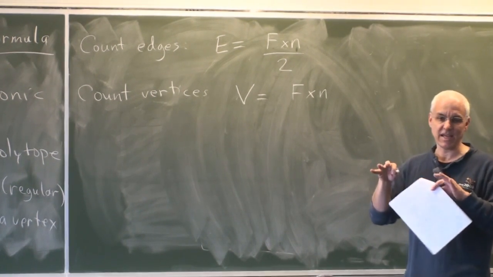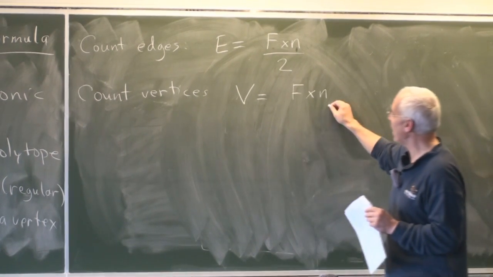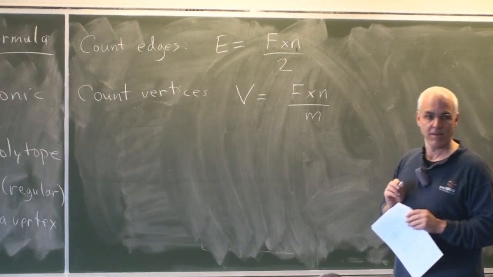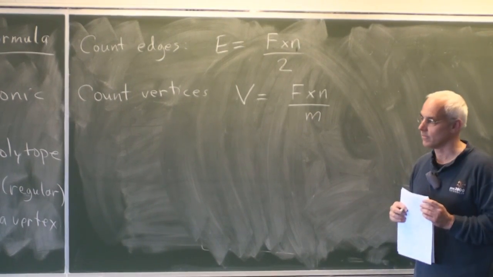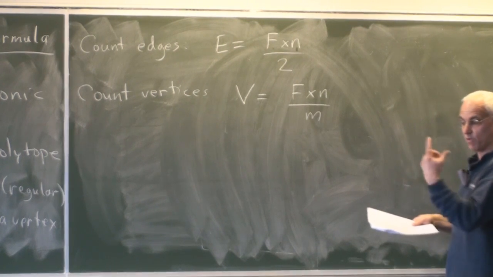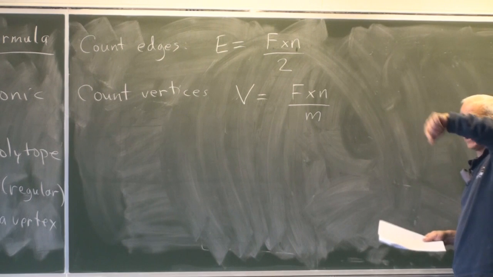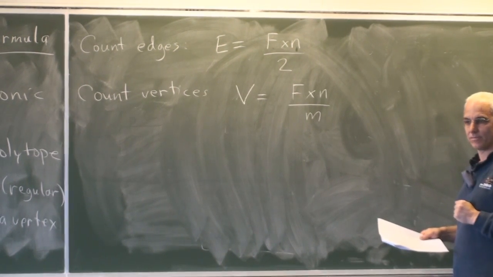Because there are m edges meeting at every vertex, also m faces meeting at every vertex. So we have to divide this by m. Okay, so we're counting the vertices by saying it's the number of faces times n vertices per face. And then we have to divide by m because m faces meet at every vertex.